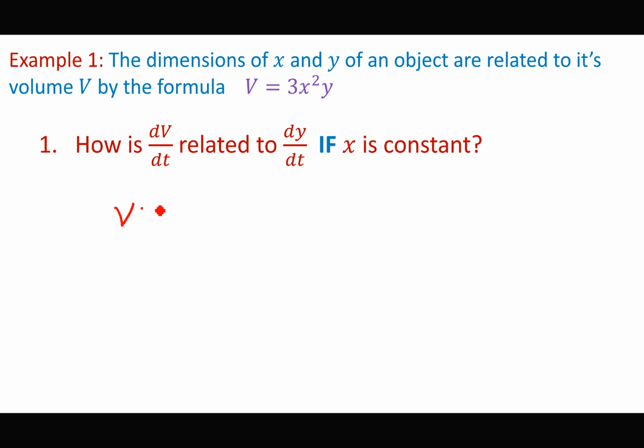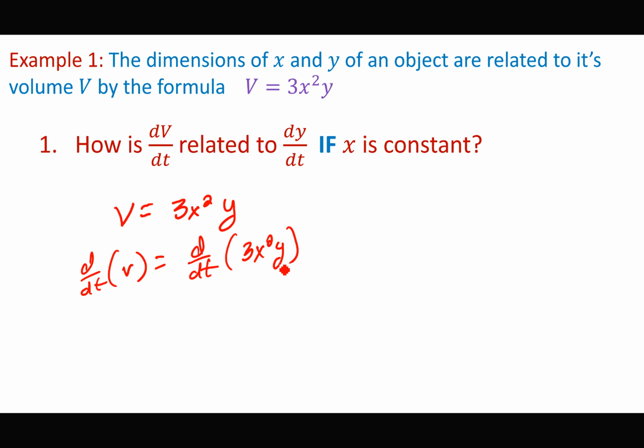All right, so V is 3x squared y. If I want to take the derivative with respect to t of both sides, on the left I would have dV/dt. Pretty straightforward. I know my 3 is a constant, so I can just bring that out.